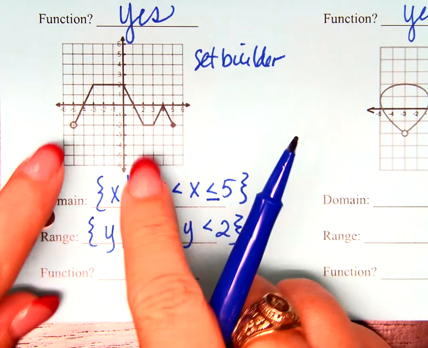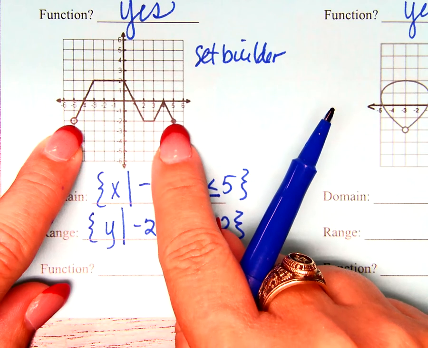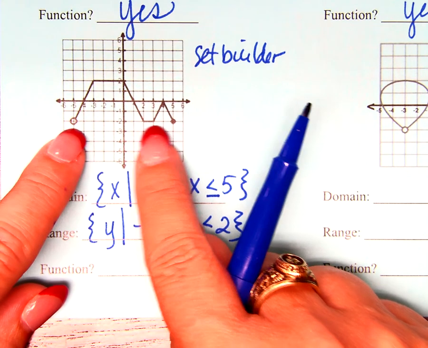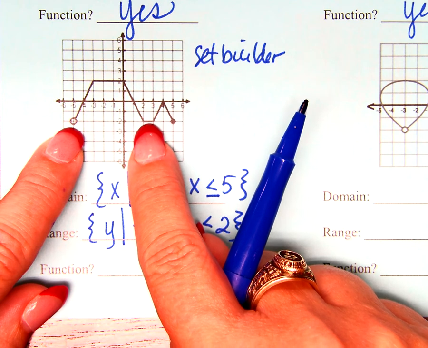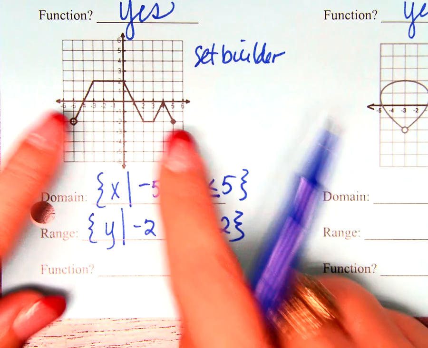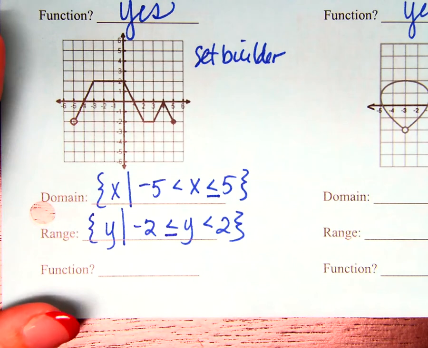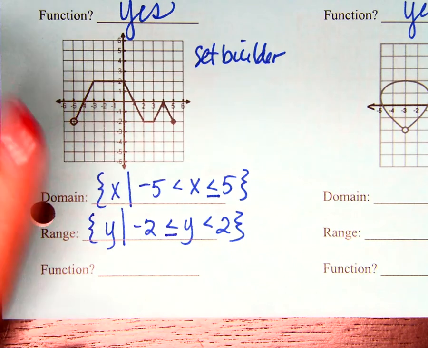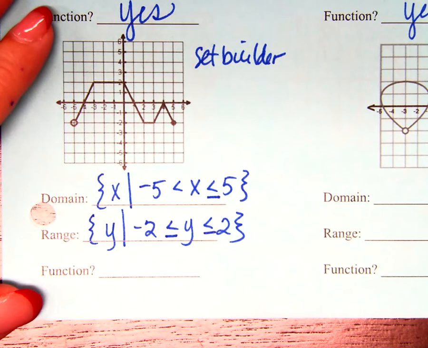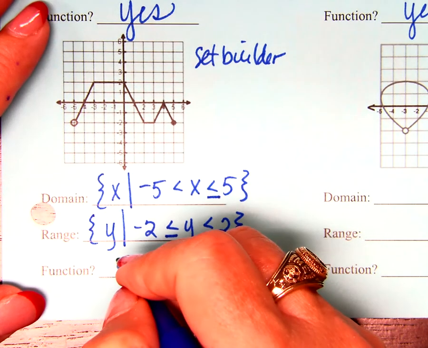Because this is open, but this is closed, and that's a line. So is -2 part of my range? Because does this get all the way to -2? Yes. And does this get all the way to -2? Then it is included. And is +2 included? Yes or no? Yes. Is it a function? Yes.